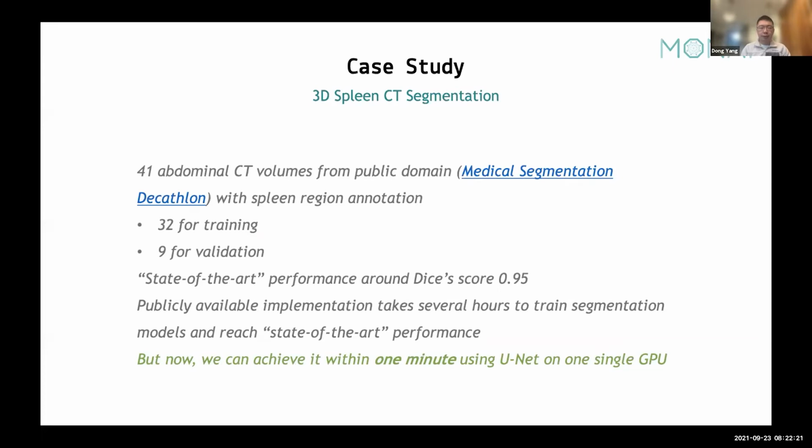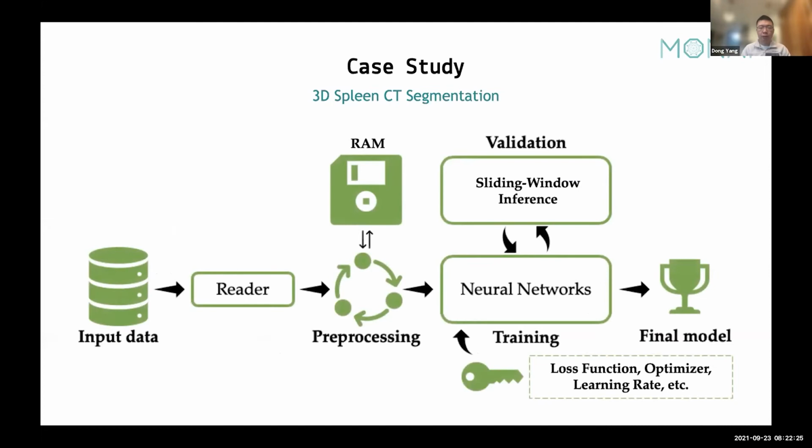Okay, let's dive into the solution. As I said, the solution contains multiple components. You have the data loader, like a reader. You need to do the pre-processing. Sometimes we want to cache the intermediate results after the data loading in GPU RAM to speed up training.